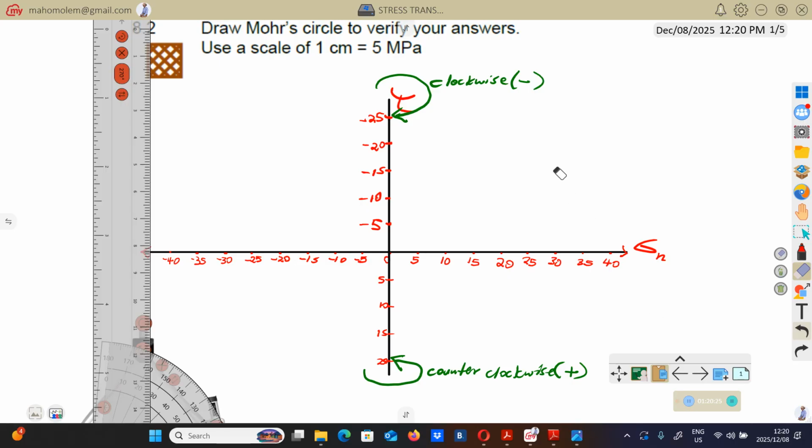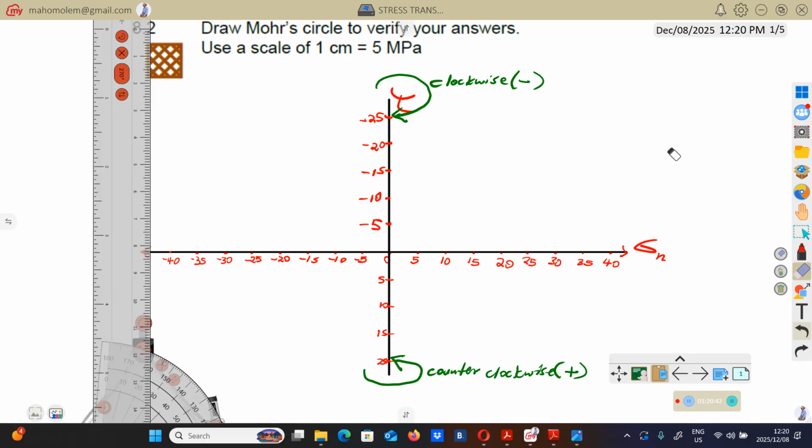Right, so this is the graphical method. We're going to use a circle. From the circle, all stresses at different planes can be determined.